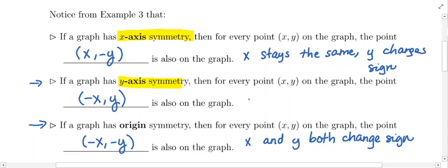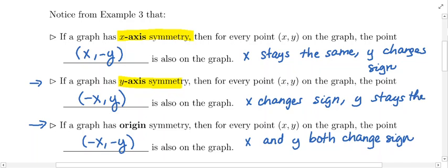That means x changes sign and y stays the same. And lastly, if you're dealing with origin symmetry, if you start with a point (x, y), the new point will be (-x, -y). Both x and y will change sign.